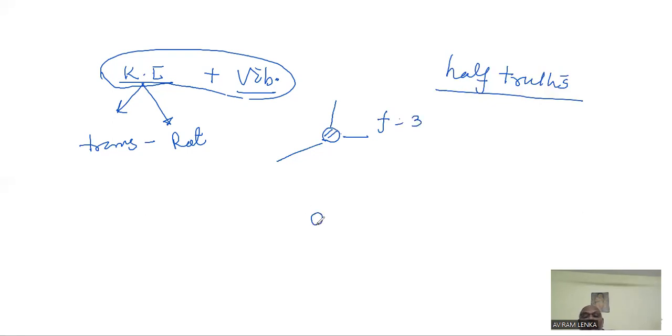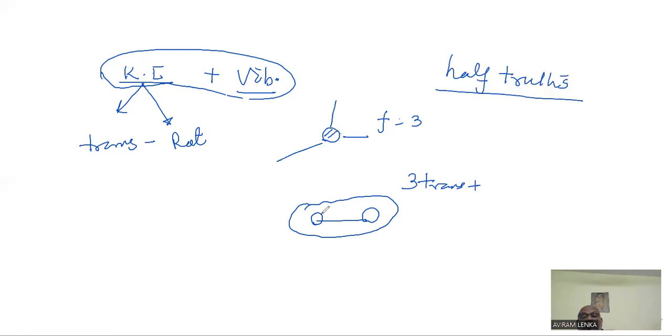For a diatomic gas, we know a diatomic gas is like this. We do know the molecule as a whole can have 3 translational kinetic energies.